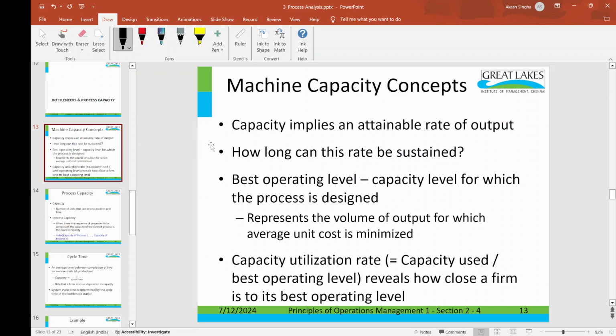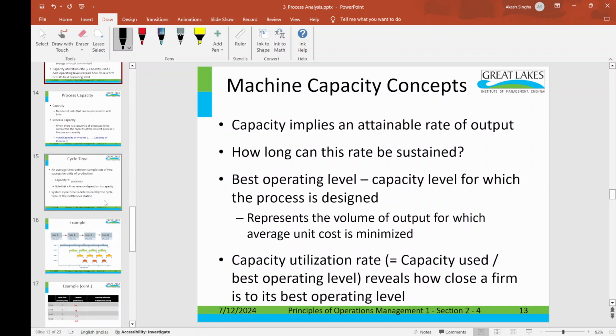So there are some descriptions about machine capacity concepts and process capacity concepts. I'm not going through this; I'll maybe go through it later.